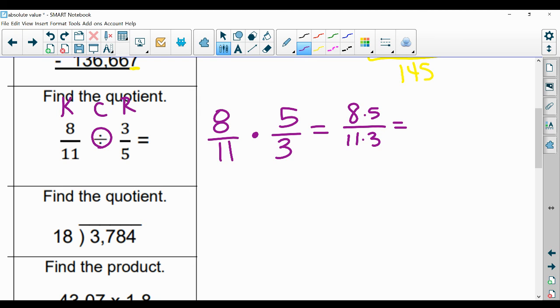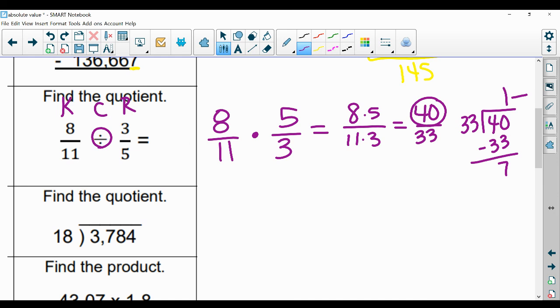So 8 times 5 is 40, and 11 times 3 is 33. This fraction right here would be considered improper because the top is bigger than the bottom. So we need to look at this as a division problem where it says 40 divided by 33. 33 will go into 40 one time, and I subtract with 7 left over.